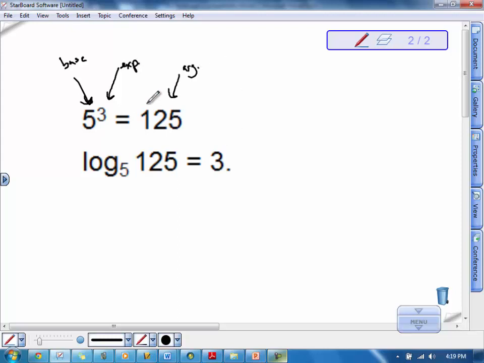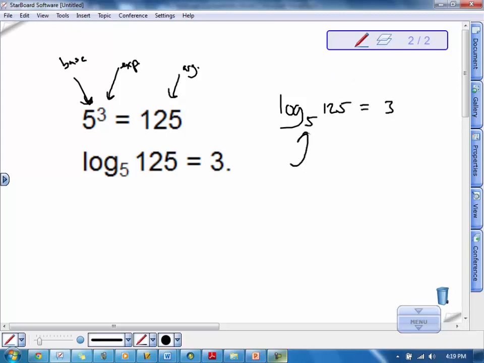Many books will call these things here. So then you can rewrite this in log form as log. You put the base down here. The argument goes here, so it'd be 125, and then equals the exponent, which in this case is 3.